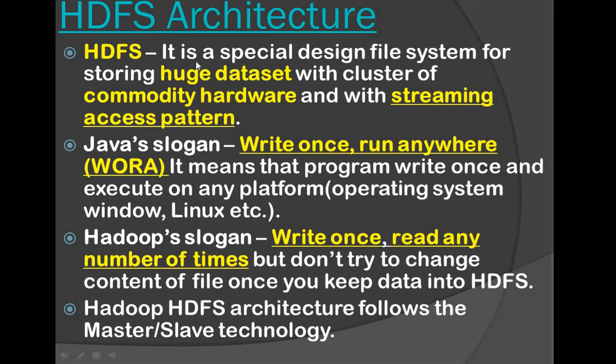Commodity hardware means cheap hardware, which is not highly specialized. We can use cheap hardware in HDFS. And streaming access pattern means write once and read any number of times.